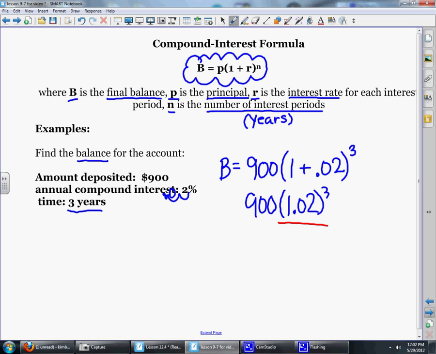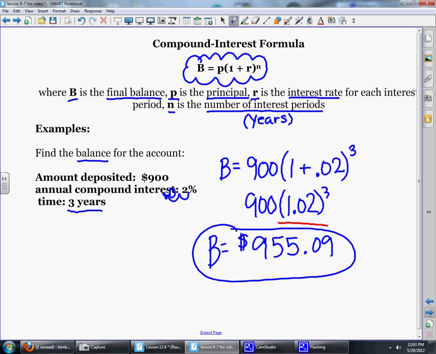Then, once we get that, we're going to multiply it by 900. And the balance is, and it should always be higher than what you start with, $955.09. That is going to be the balance in your account. So you get $55.09 in interest.